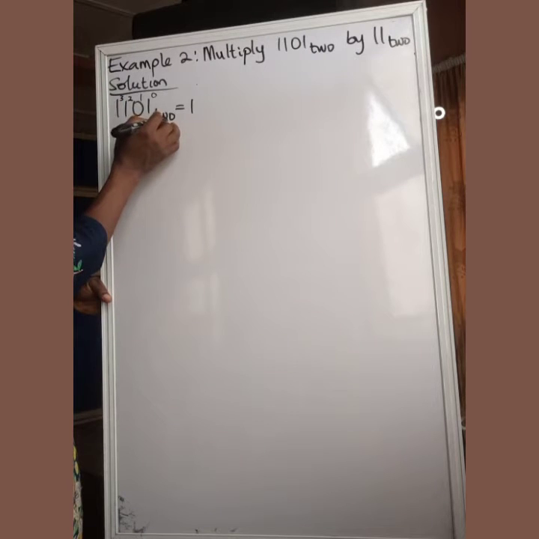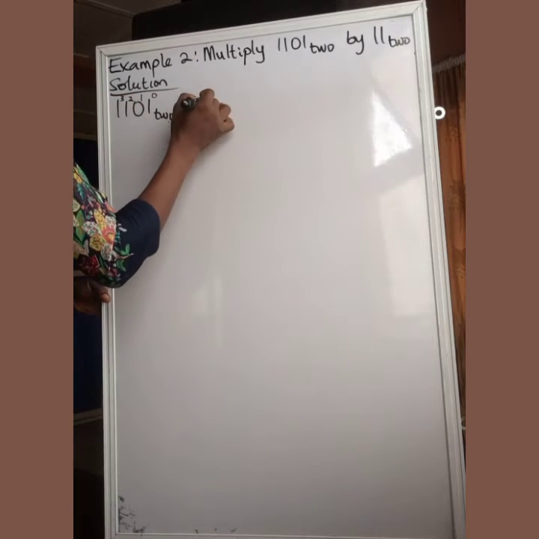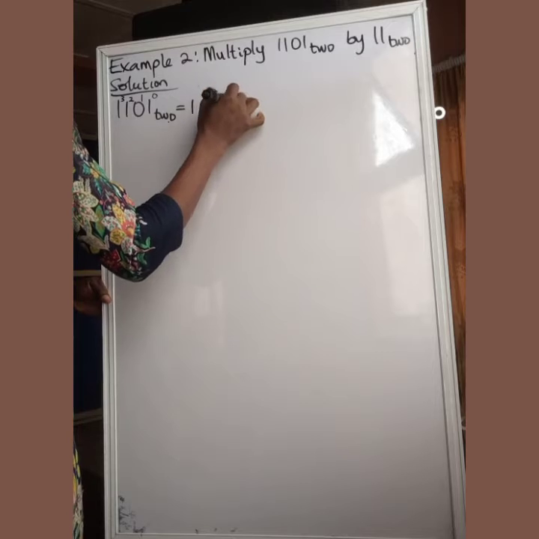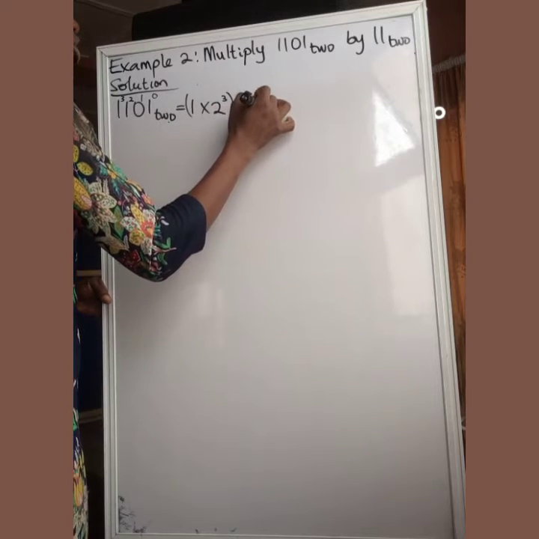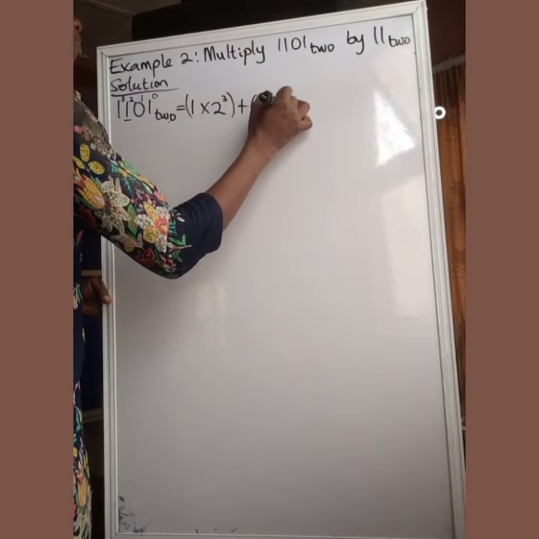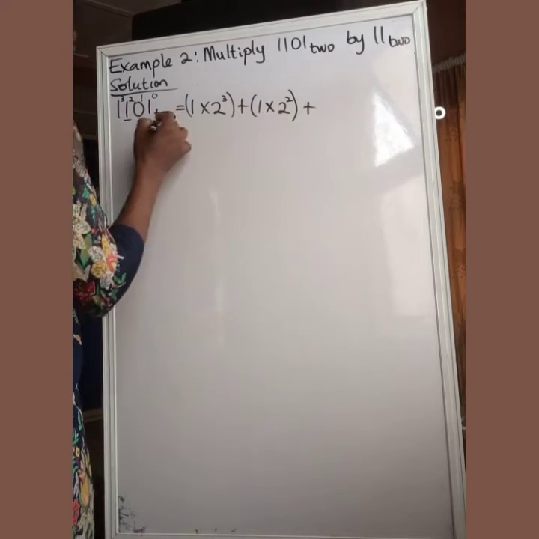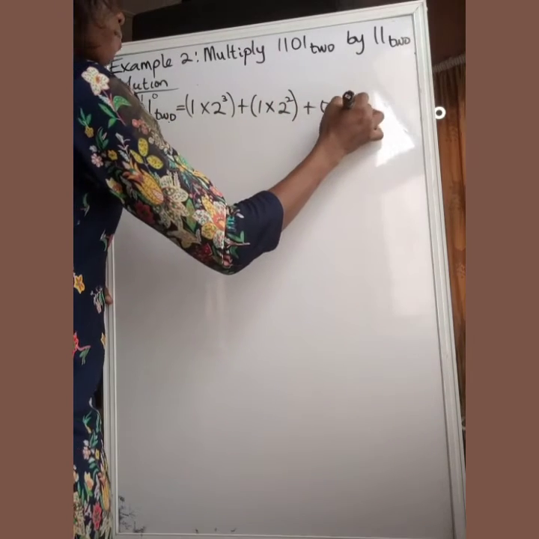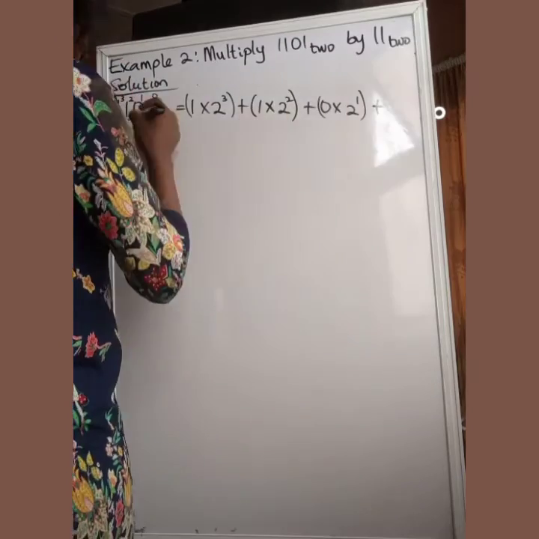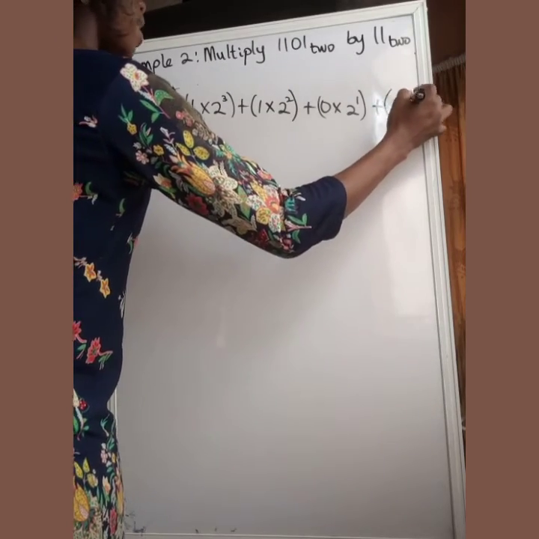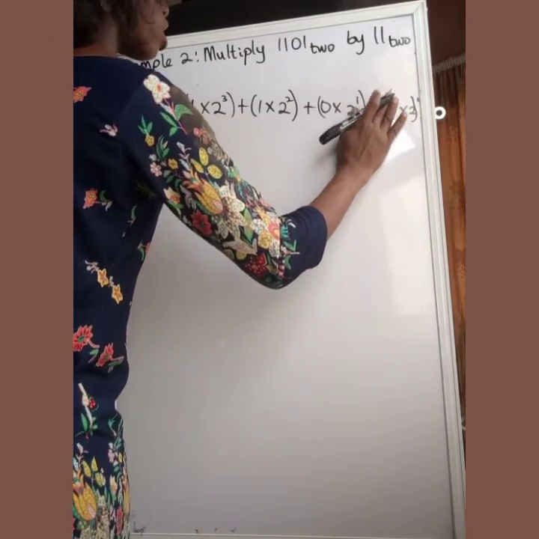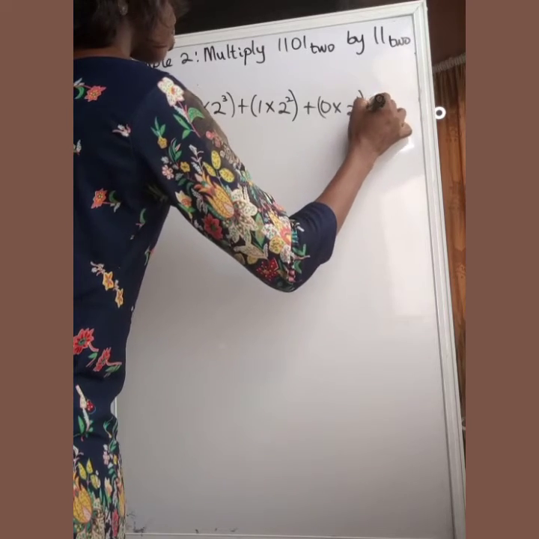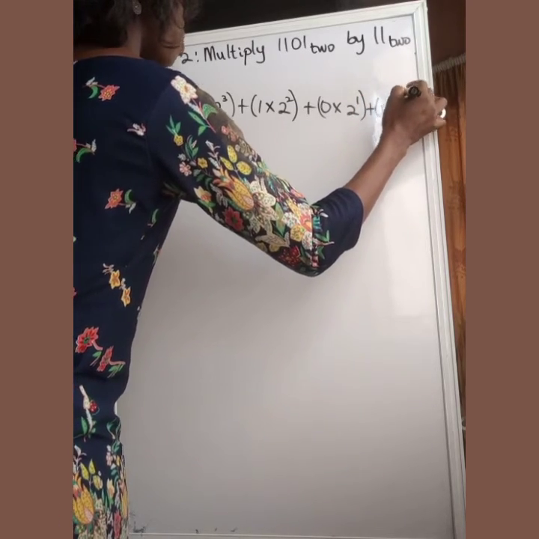So 1 multiplied by 2 raised power 3 plus the next one, 1 multiplied by 2 raised power 2 plus 0 multiplied by 2 raised power 1 plus 1 multiplied by 2 raised power 0.